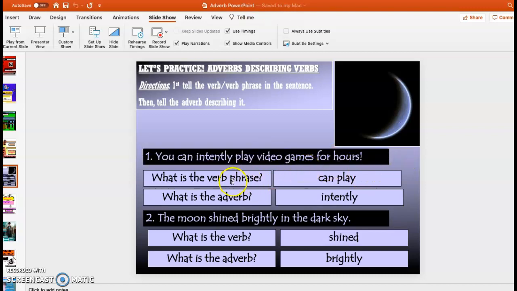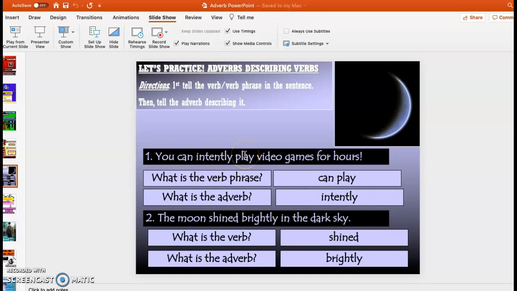What is the verb? Play is our verb. I know it says the verb phrase can play, but I really just want to focus on the main verb in the sentence. Play is an action. We can all go outside and play. So play is my verb.